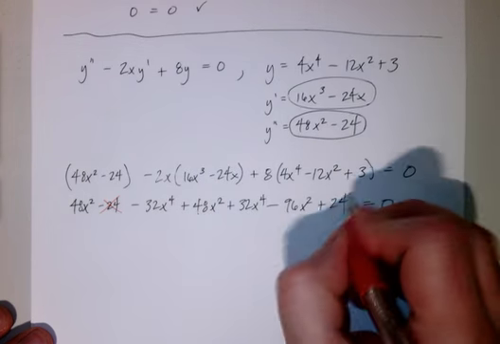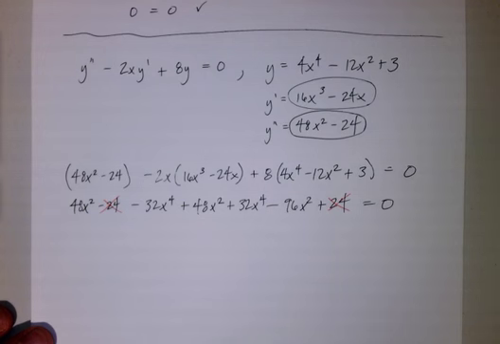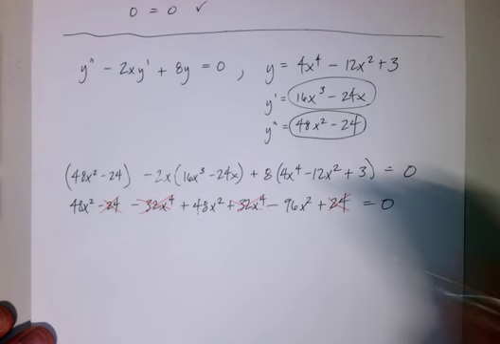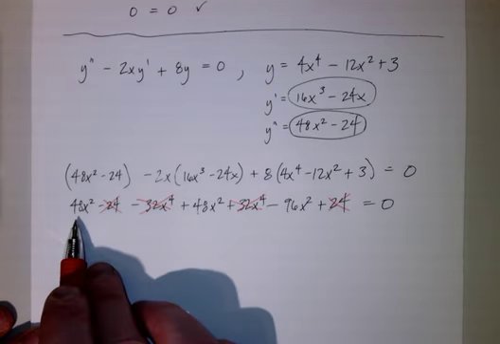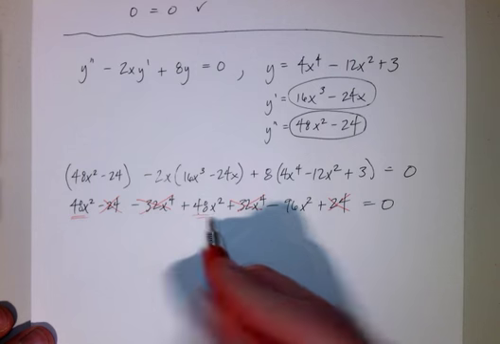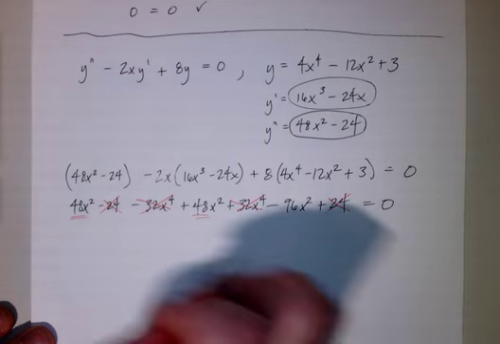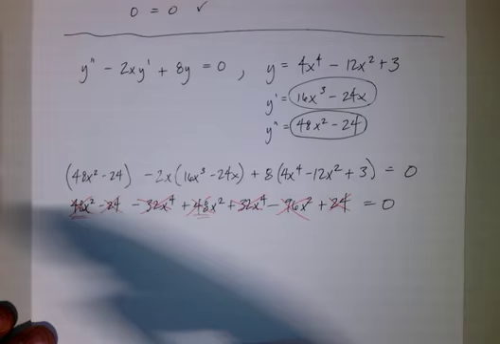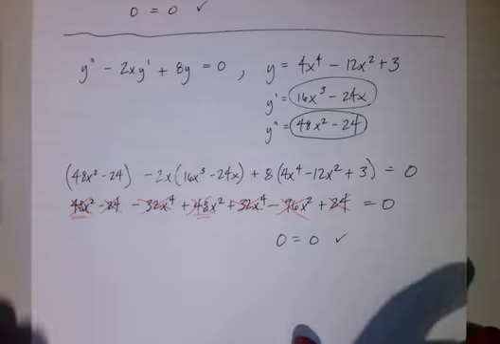Negative 24 cancels out with positive 24. That's easy enough. Negative 32x to the fourth cancels out with positive 32x to the fourth. And this one plus this one is positive 96x squared, which of course cancels out with negative 96x squared. 0 is equal to 0.